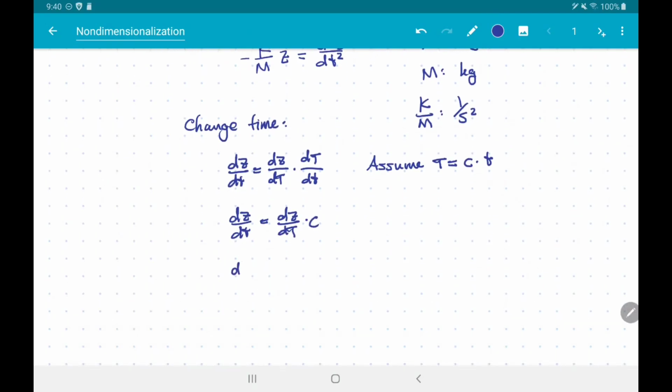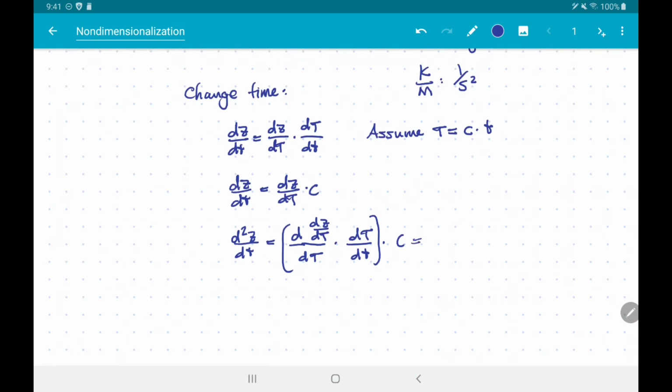Taking the derivative again with respect to t, I get the derivative of dz over d tau with respect to d tau times d tau over dt times c. So what I've just done here is the chain rule applied to this new independent variable dz over d tau.